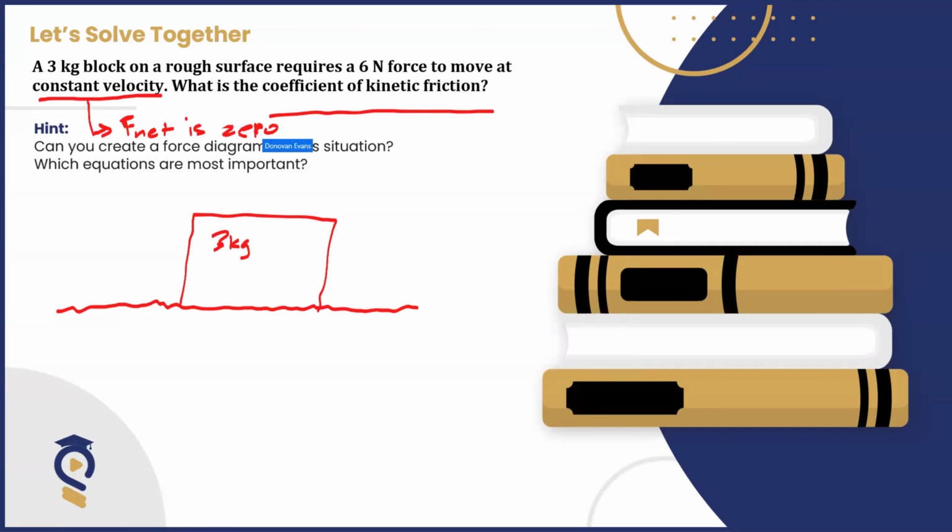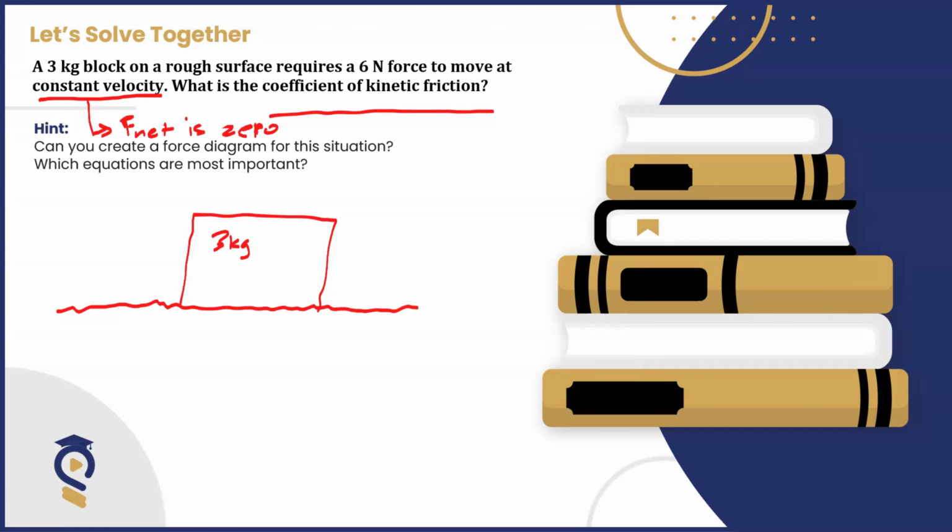That's important because if our net force is 0, that means that the sum of all the opposing forces will cancel each other out. So north will cancel out with south, east with west, right with left, up with down, everything. Everything that is going in one direction in terms of force will have an equal and opposite force opposing it. So we want to keep that in mind as we are crafting this particular diagram.